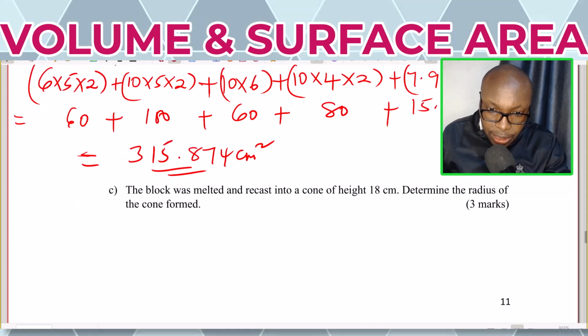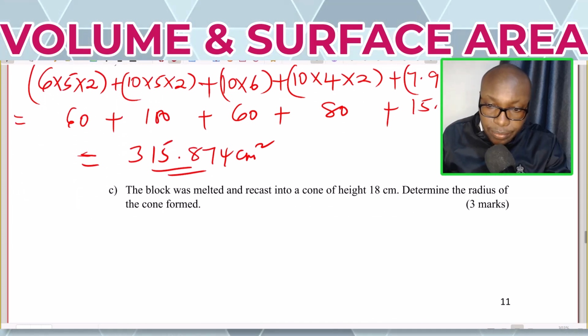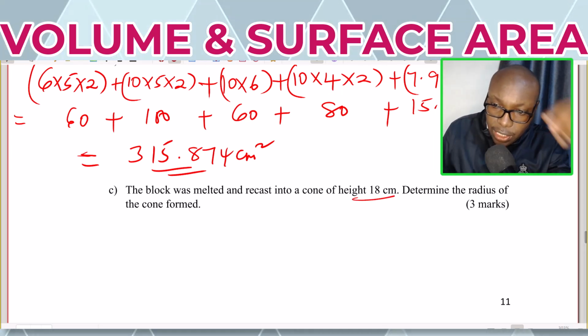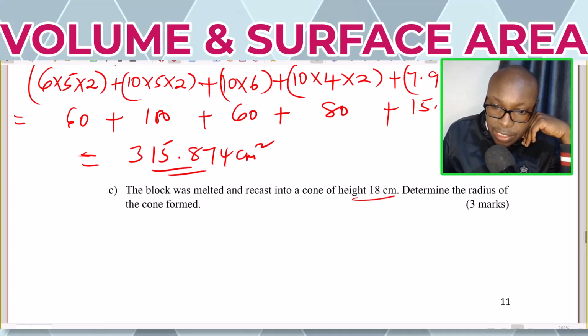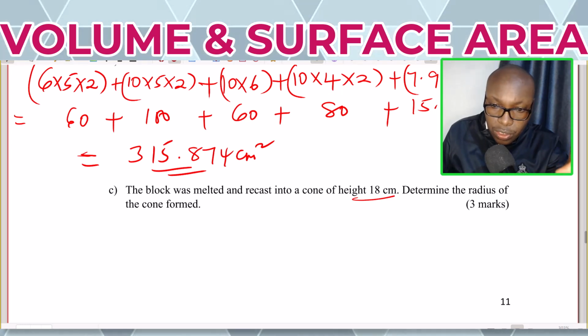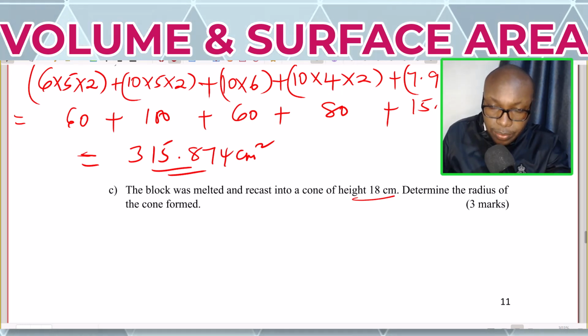Now, part C, the block was melted and recast into a cone of height 18 centimeters. Determine the radius of the cone formed. So this block was melted and recast into a cone.